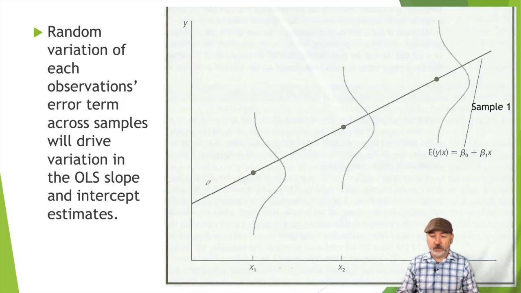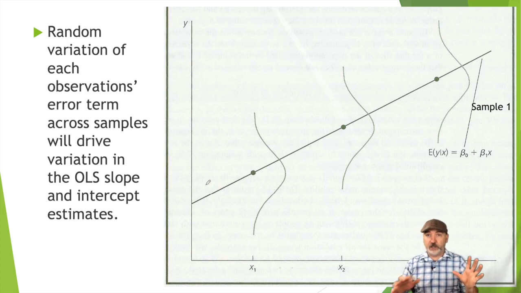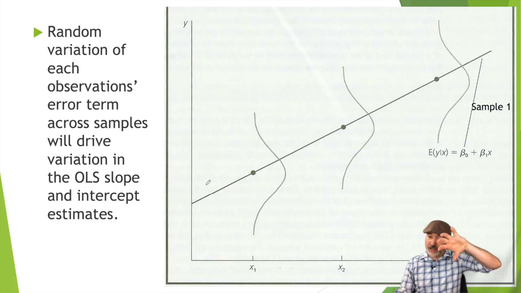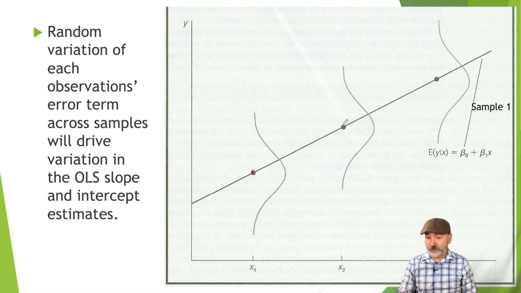That is our assumption. Now, the reason why this is going to be important can be seen if we just tweak that little picture here. We take that distribution, put it on its side, and attach it to each observation in a little hypothetical consumption function. So this is our predicted level of consumption up and down that line for 3 observations, observation 1, 2, and 3.